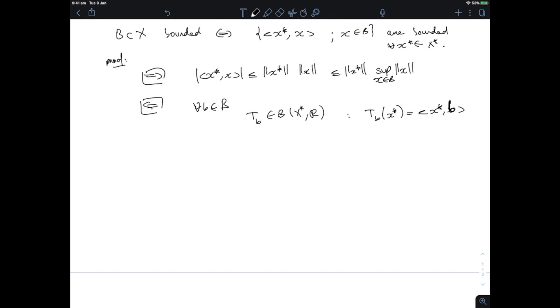Right, so we define these families of maps, and now what have we got by assumption?